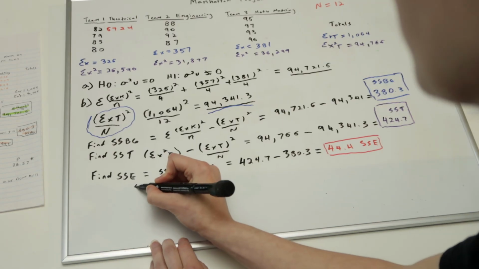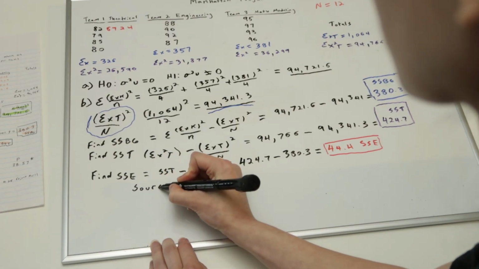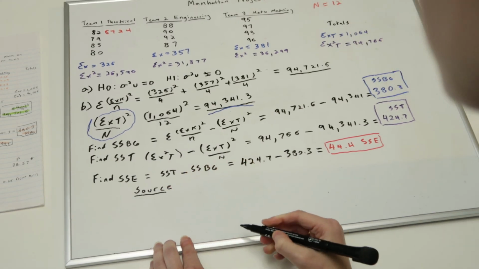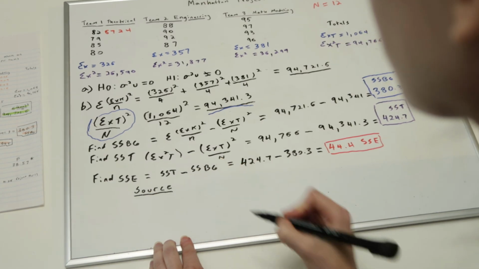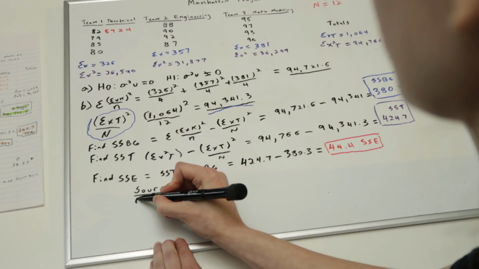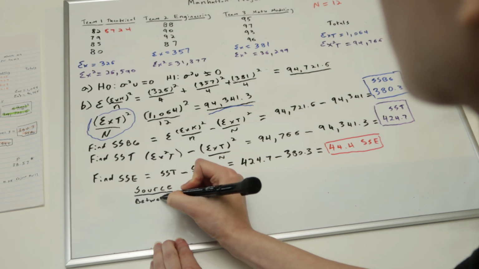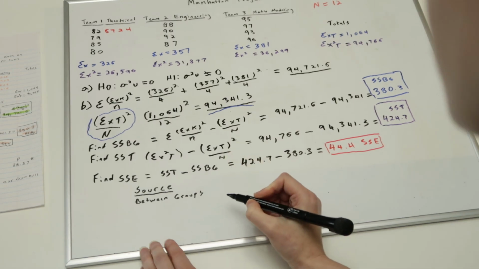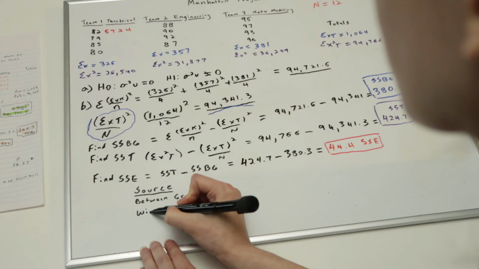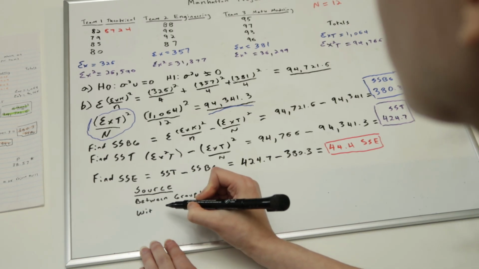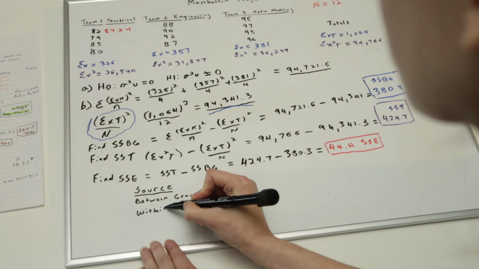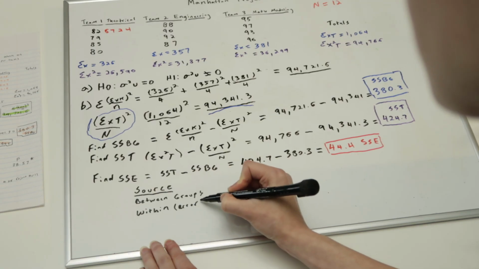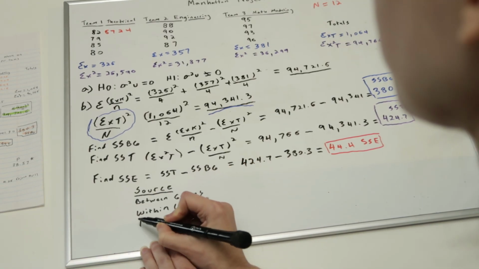If we make this table, we have source, and we have between groups, within groups, which is error, and then we have total.